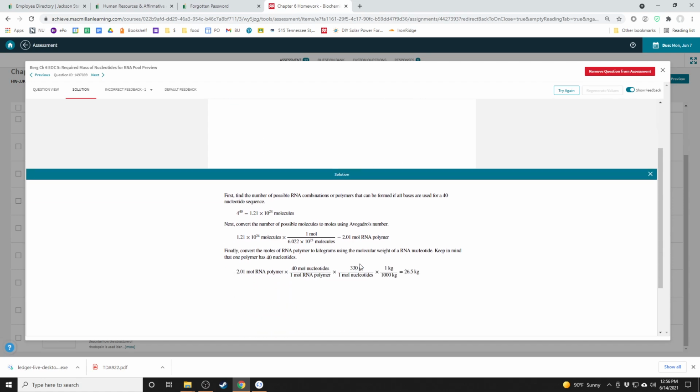Now, one of the questions I see people ask me about these things is, Dr. Clausen, why can I just use a single number here? There's multiple different nucleotides. Well, the answer is we're using a number where the last digit, in terms of significant figures, is where you would round for the difference in those nucleotides.